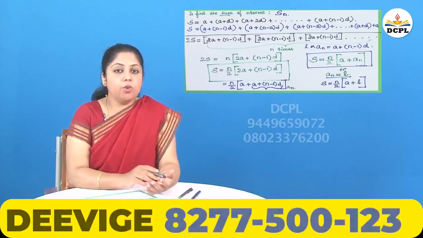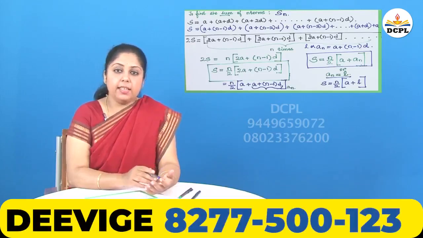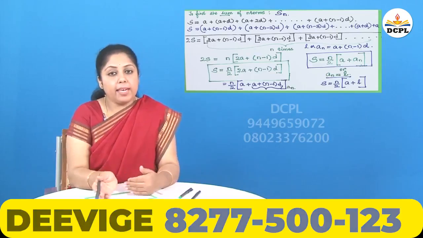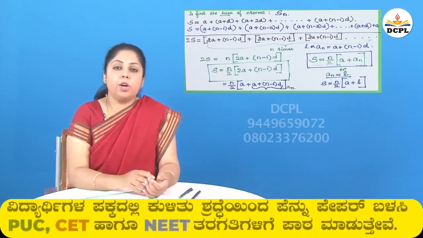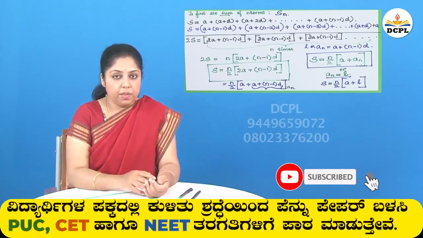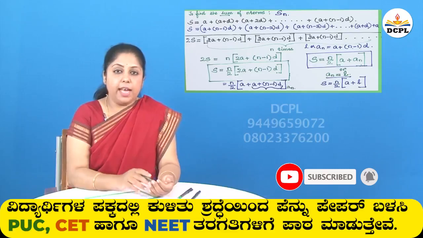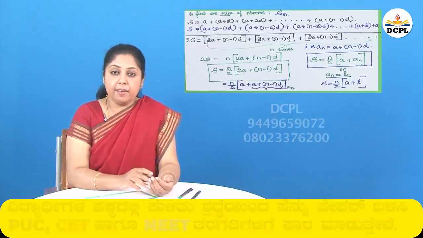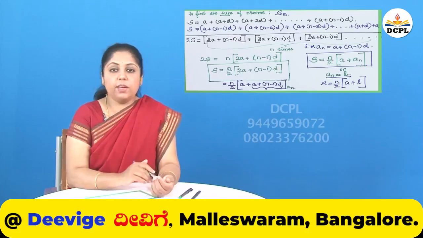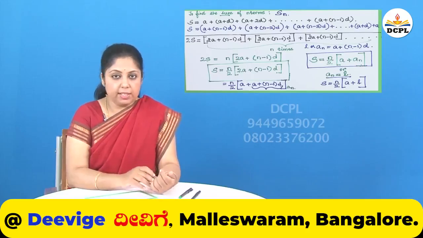Because there is no point in telling that there are minus 17 students in our school, or there are about minus 2.5 subjects that we need to study in our school. So n always has to be a positive natural number, and it can never be a decimal or a fraction. Make a note of this so we can proceed to the next concept.